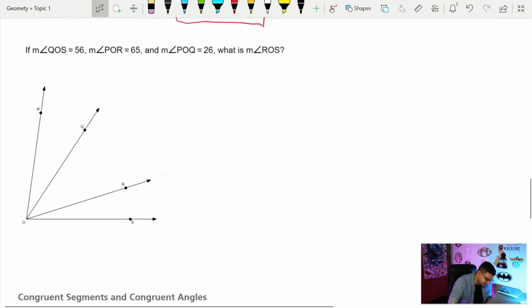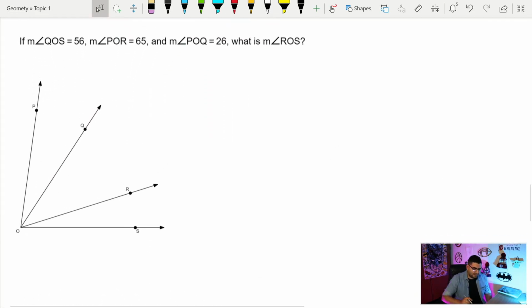This next question, another common question, is how to find a certain angle. So usually what I like to do is read the question and then go back and highlight the important pieces. So this reads, if the measurement of angle QOS equals 56.